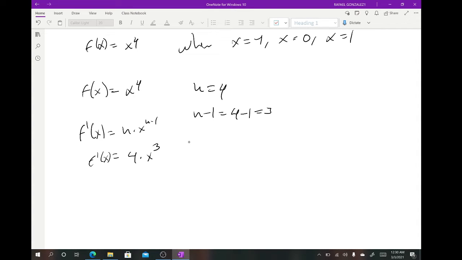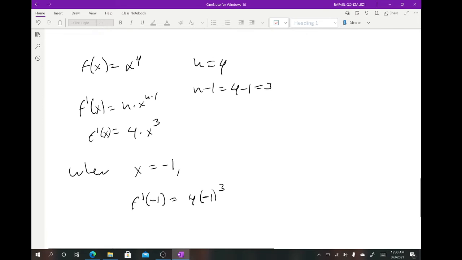So we have 4 times x to the 3. That is the derivative of f. So when x equals -1, we have f prime of -1 equals 4 times -1 cubed. I'm simply evaluating the value of x equals -1 on the derivative.